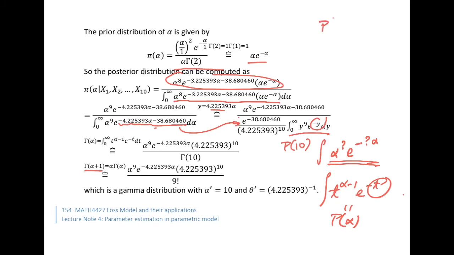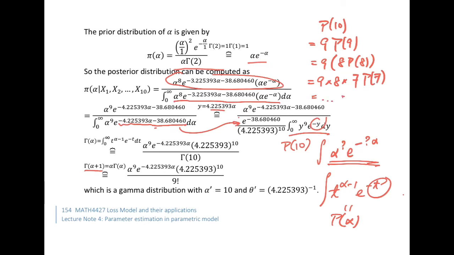Then starting from gamma 10, that will be equal to 9 times gamma 9, and applying one more time, 9 times 8 times gamma 8, then 9 times 8 times 7 times gamma 7. You just keep on doing this until you reach 1. Remember gamma 1 is equal to 1, so this will be equal to 9 factorial, which is the one that I get here.